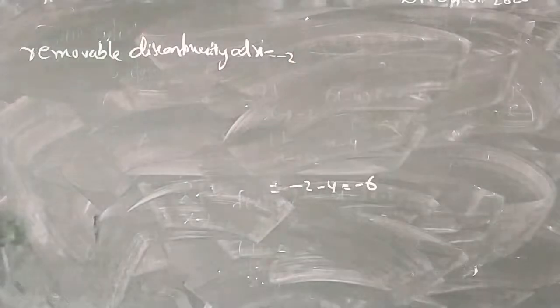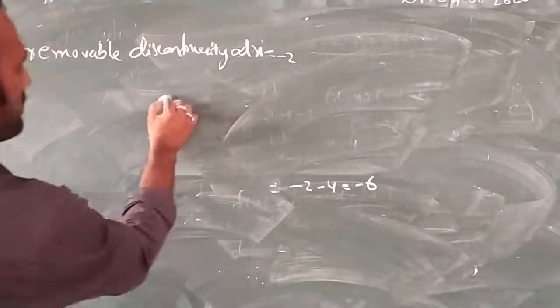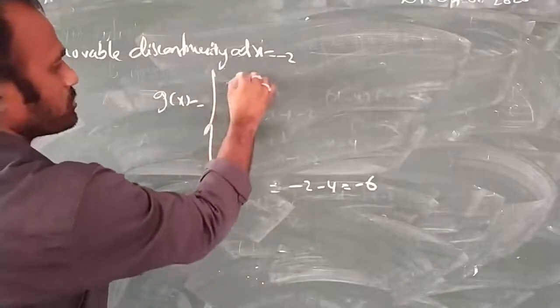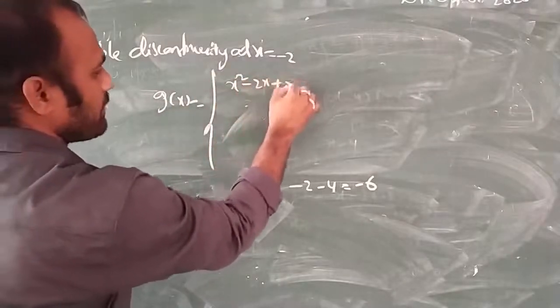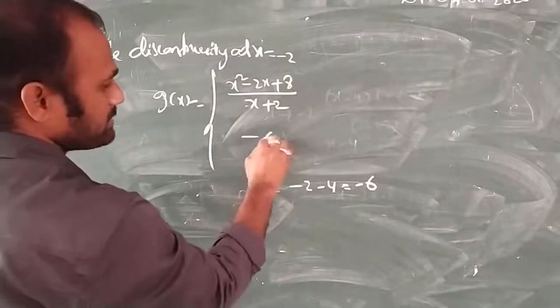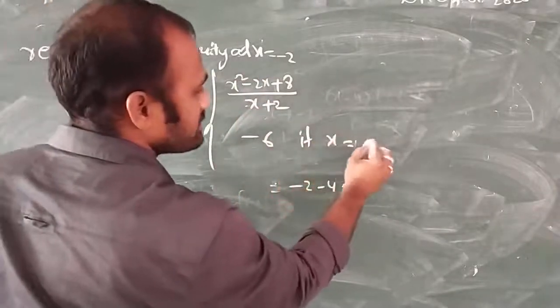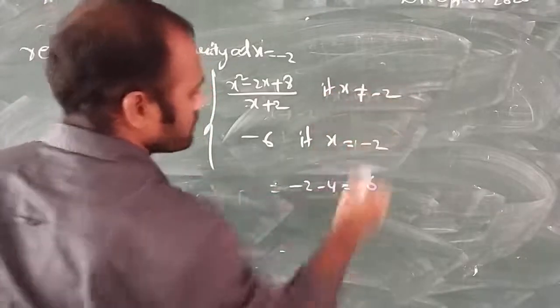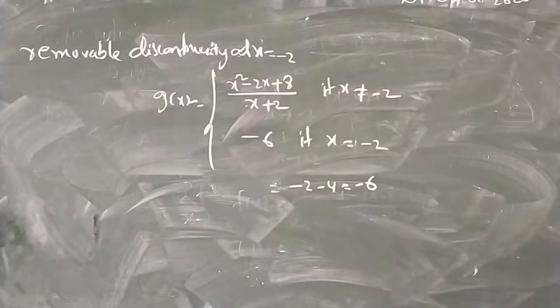At x is equal to minus 2, we can define another function g of x is equal to x square minus 2x minus 8 divided by x plus 2 if x is not equal to minus 2, and minus 6 if x is equal to minus 2. So this is the function to be defined.